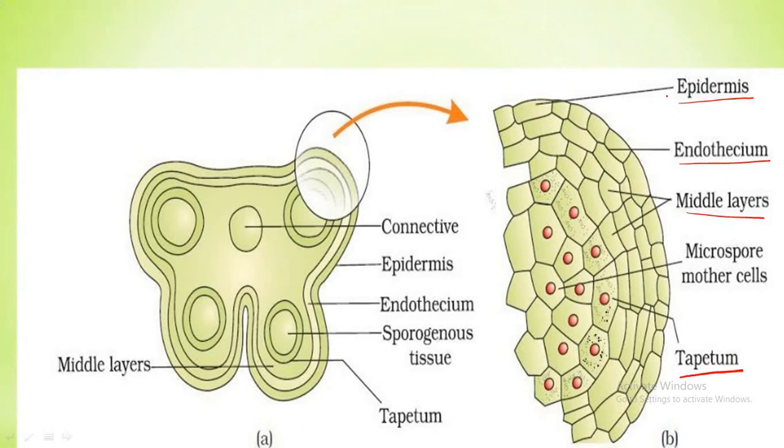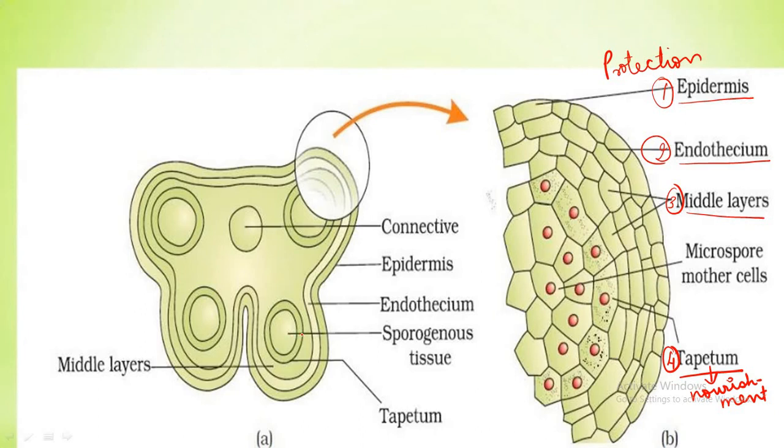The first 3 layers have the function of protection, whereas the innermost layer, the tapetum, nourishes the pollen grains.